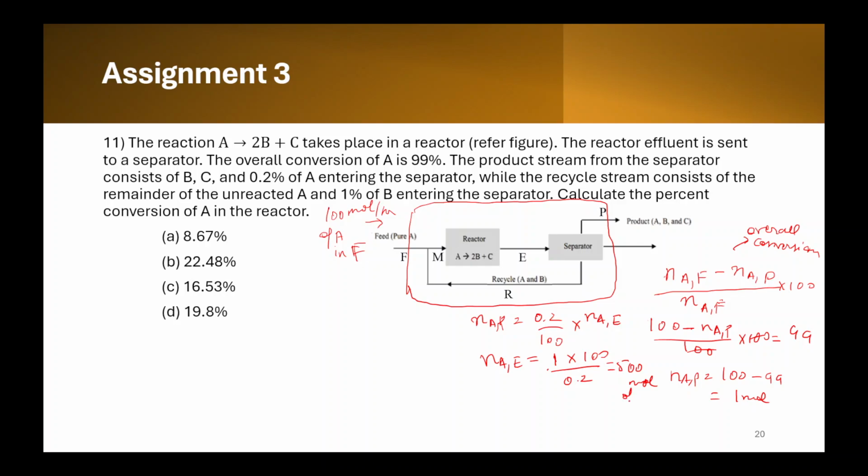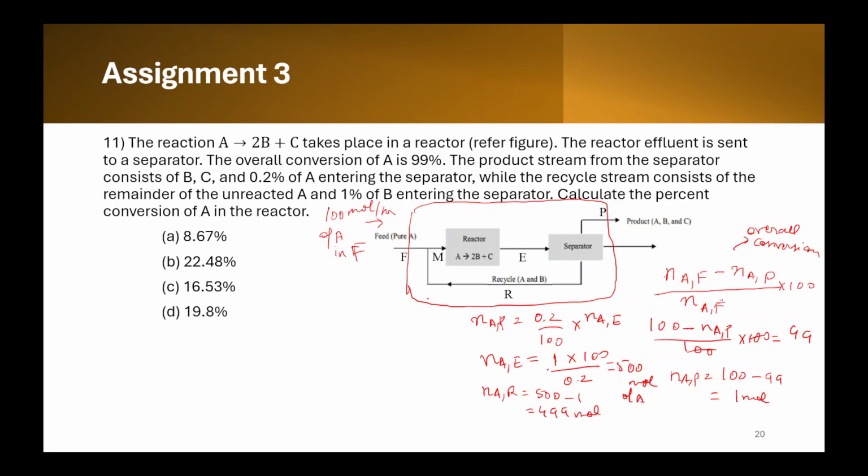So 500 moles of A, obviously, because this is NAE. Now E is 500 moles, and this has 1 mole of A coming out. So the rest will be in the recycle stream, as given in the question: the recycle stream consists of the remainder of unreacted A. So NA in R will be 500 minus 1, 499 moles. All right.